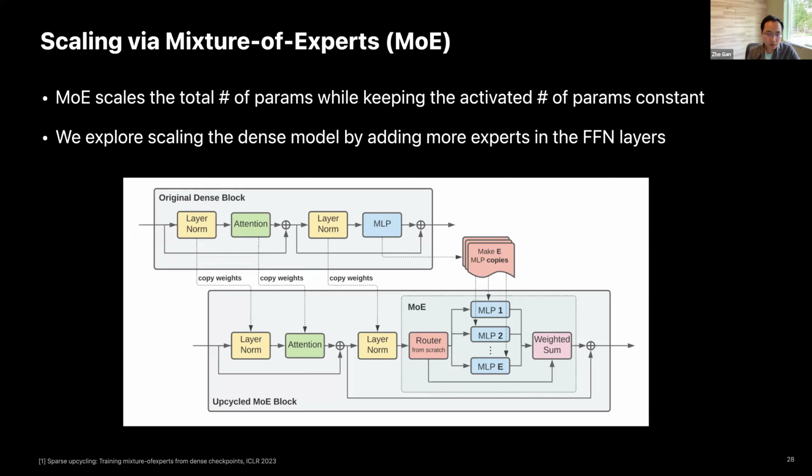So when we do upcycling, it means the initialization of all these experts is the same. They are all initialized from the original dense model. This is the so-called sparse upcycling technique, which was published previously and used in our work.